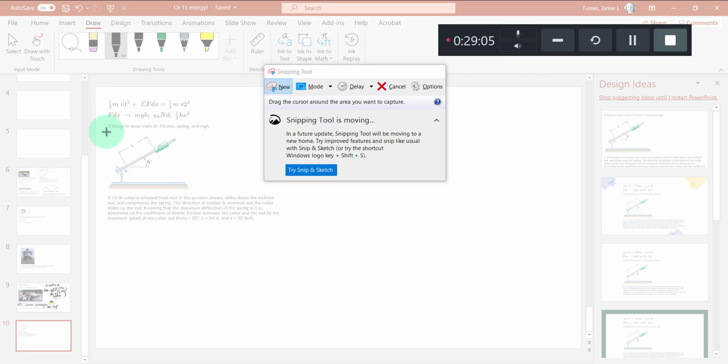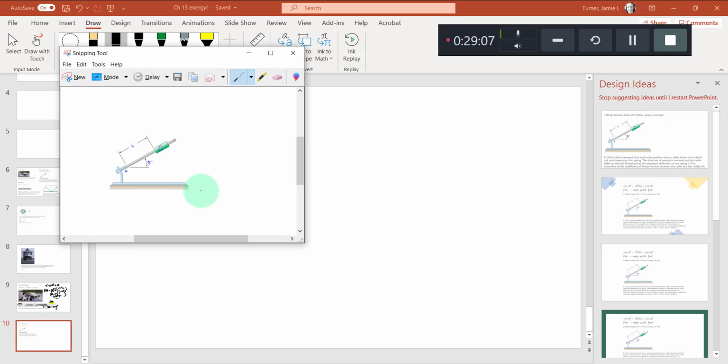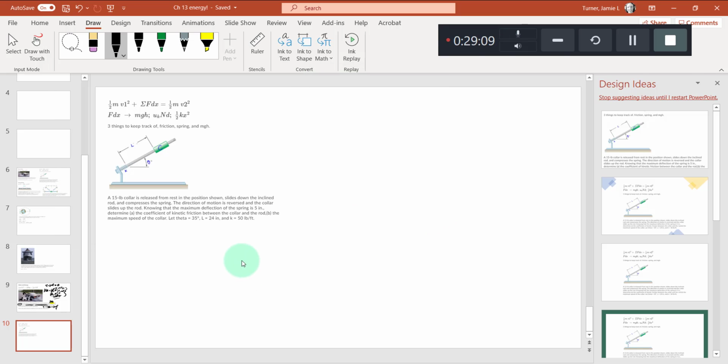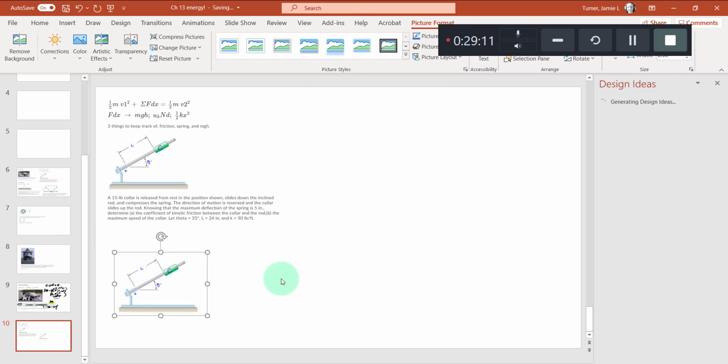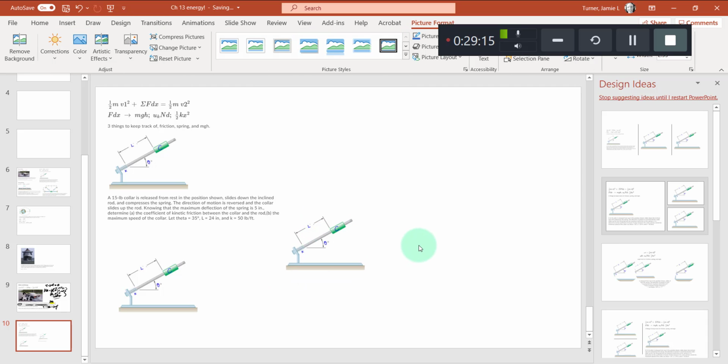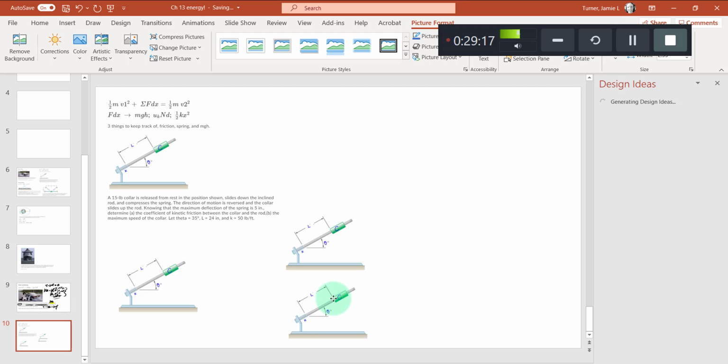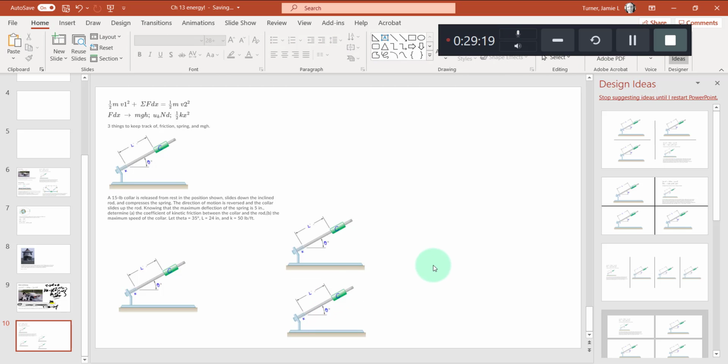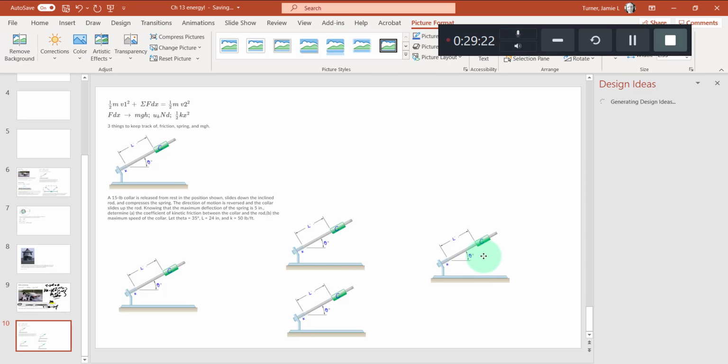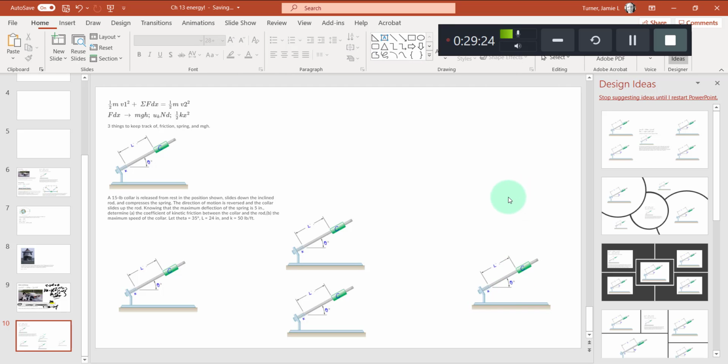So you have what's happening at the beginning, and then think through all the forces, any force that's going to change the final velocity, and then what the final velocity is.